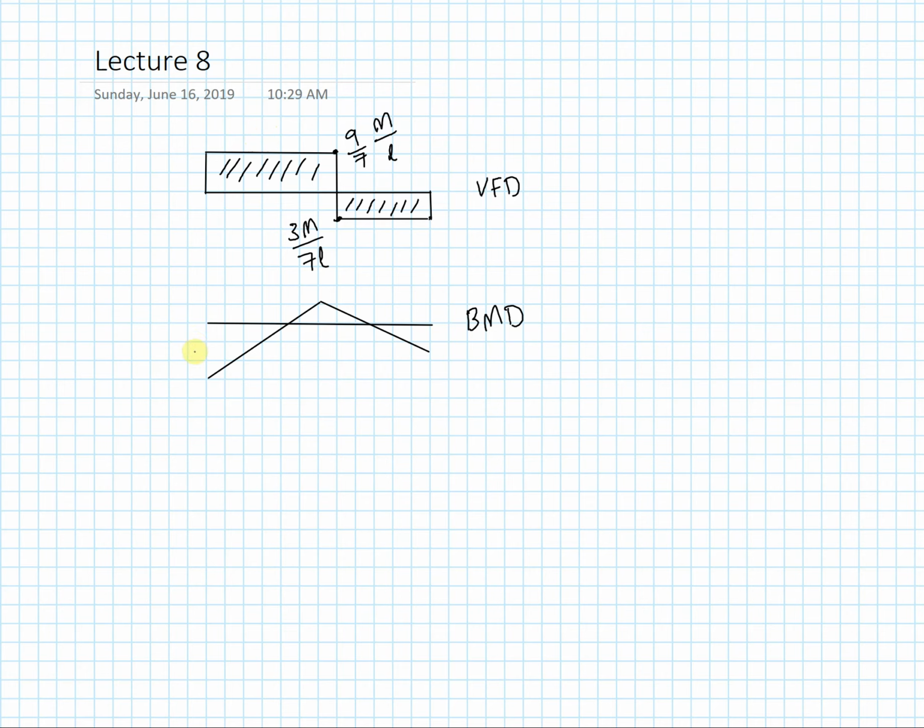So down here we have a value of m. From the deformation diagram, we have compression here. Compression, this value is 2 over 7m, and this value is m over 7.